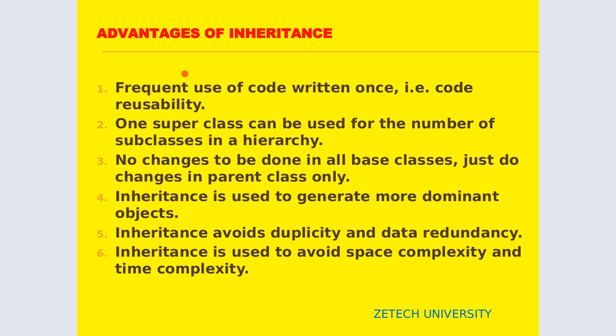Then the other thing, inheritance is used to generate more dominant objects. Very good, a very good point. Brothers and sisters, objects here are variables. If you declare variables in the superclass, they become dominant and they can be used in all classes, meaning that you don't need to have variables in class add.